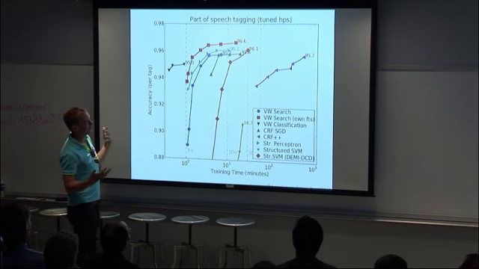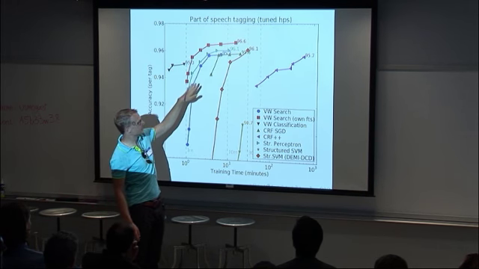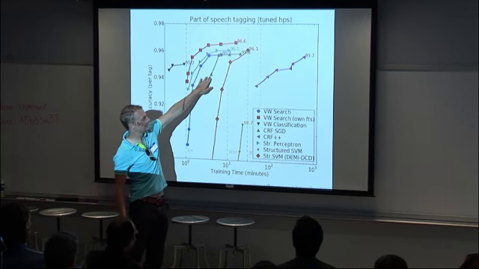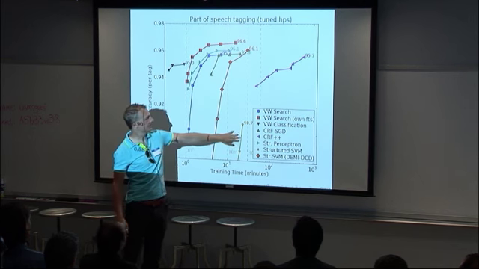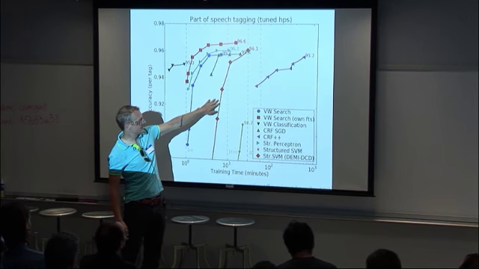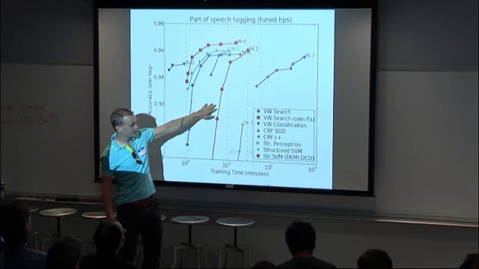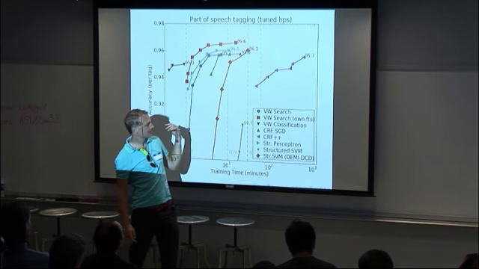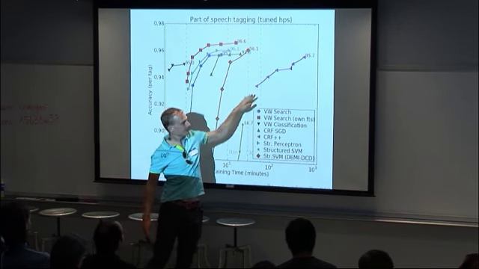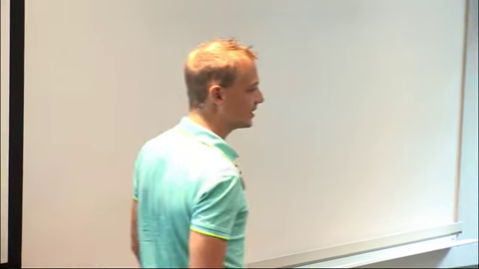And other standard systems fall somewhere else in the curve. So this is CRF SGD. This is CRF++. This is a structured SVM with this dual coordinate descent solver. Sorry, this is structured SVM. This is CRF++. Anyway, I can talk more about what this means if people care. But I think the point that I'm trying to make is not that yay, we're so much better, or yay, we're so much faster.